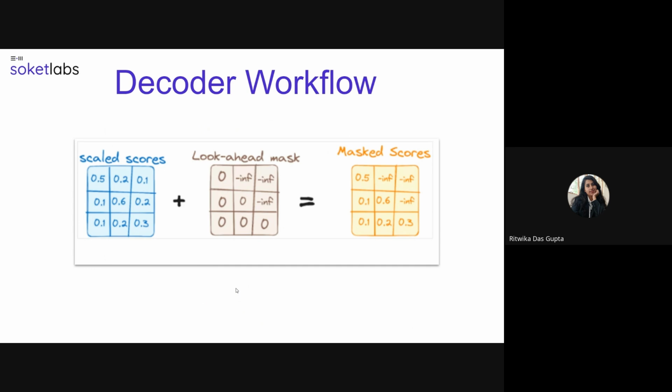In this, the same score matrix is added with a look-ahead mask. This look-ahead mask works so that, for example, if you are generating the sentence "how are you," "are" will depend on the previous token, not on the future token, because we do not know the future token. So it removes those future token dependencies and then gets the masked score.